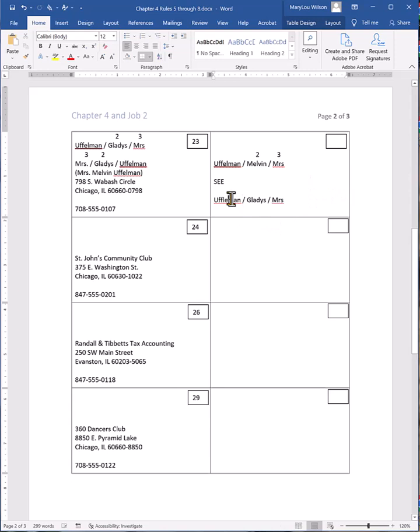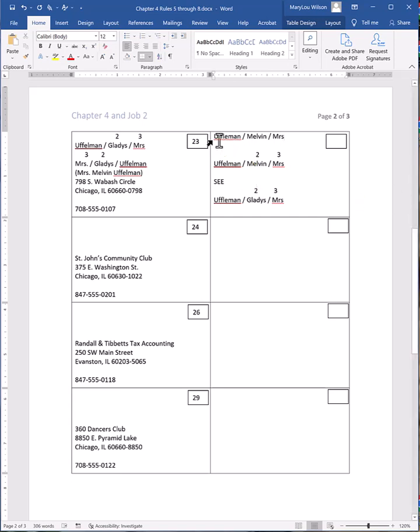So now this Uffelman will be the key unit, and Gladys will be unit 2, and Mrs. will be unit 3. Now, let's rewrite this one, the cross-reference name, in correct coded order at the top of the record.